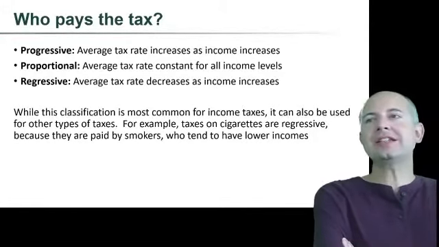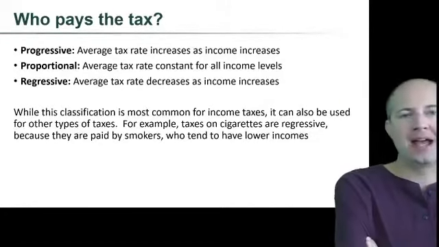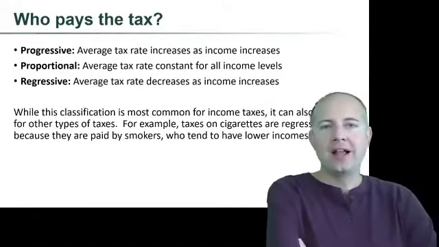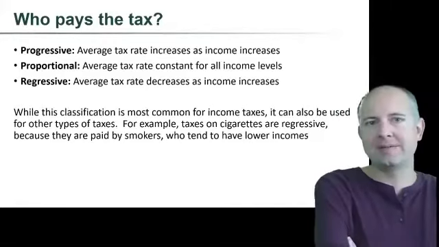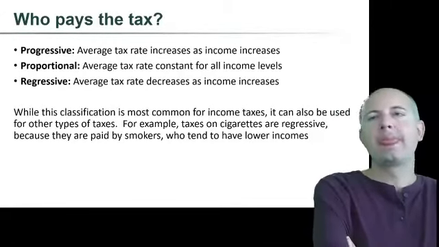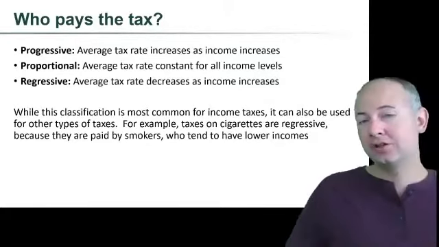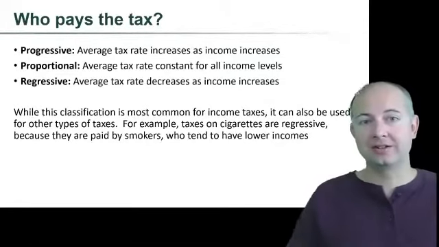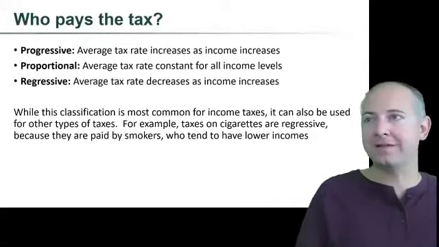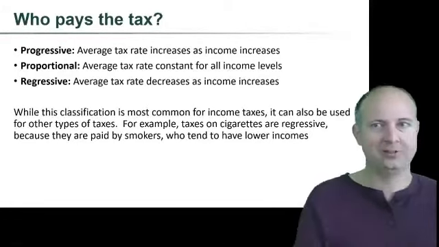So this classification is most common for income taxes. So you'll hear people who want a flat tax is what they mean by proportional tax, or discussion of how progressive should our income tax be, right? So should people who make $200,000 a year pay twice the rate of someone making $50,000, 10 times the rate, so on.